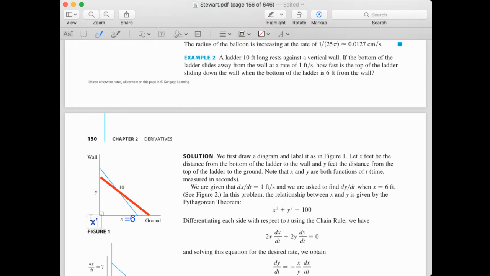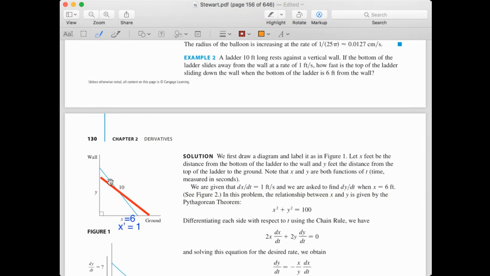X prime, or dx/dt, is given as 1. The ladder slides away from the wall at a rate of 1 feet per second. So x prime is given. The change of y is what we want, let's put it over here.